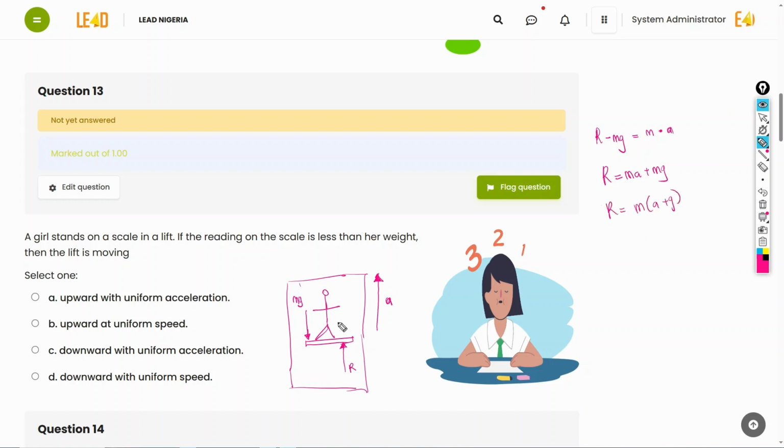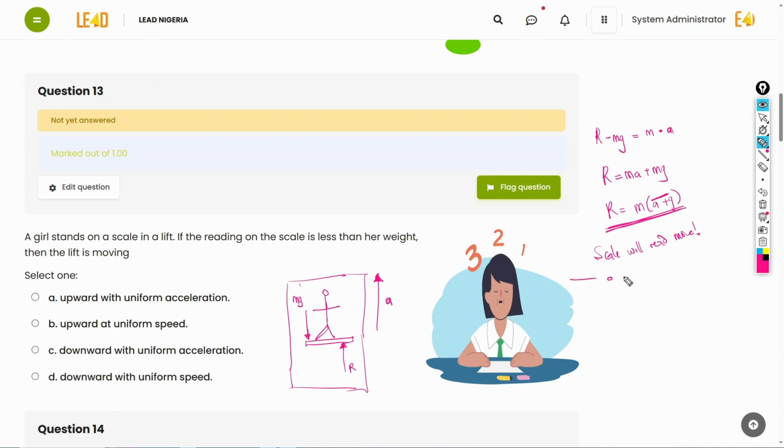When it's moving upwards, this is the formula you have for your reaction, which means what it would measure would be greater, because your acceleration is now a plus g. So the scale will read more than the weight. That's when it's accelerating upwards.